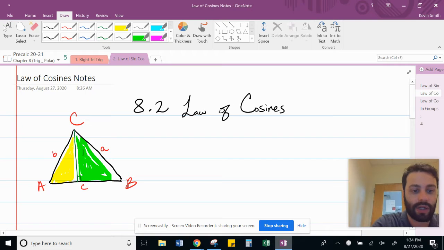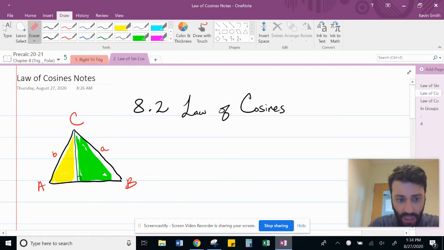So now I've got two right triangles that I can work within and do some trig with. Let's look at side C here.